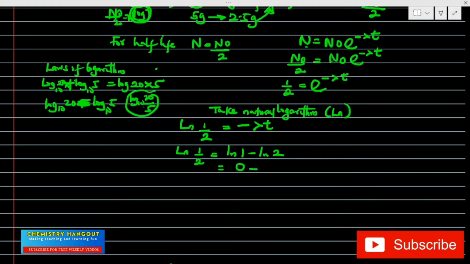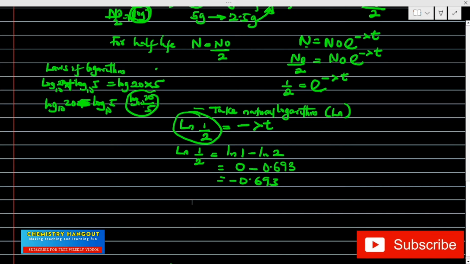Ln 2 is giving me 0.693. I want to believe we have resolved the whole of this. So ln 1/2, if we subtract, is going to give us minus 0.693. We have sorted out that ln 1/2.